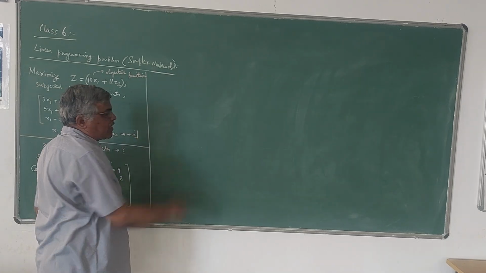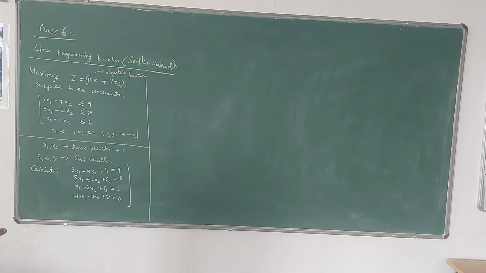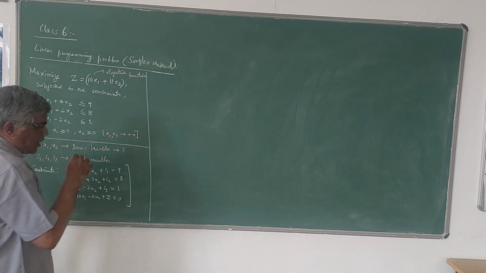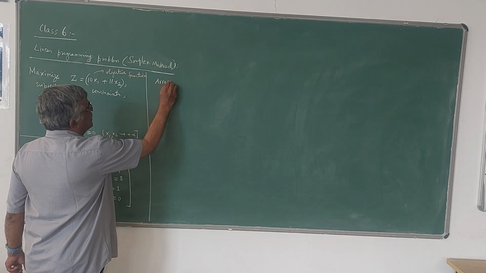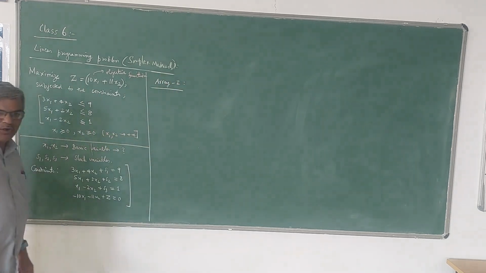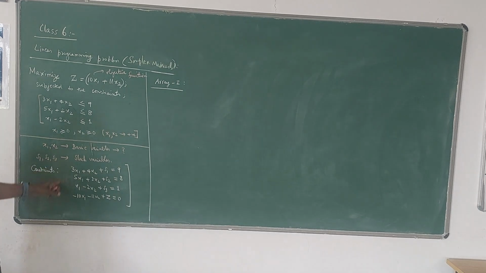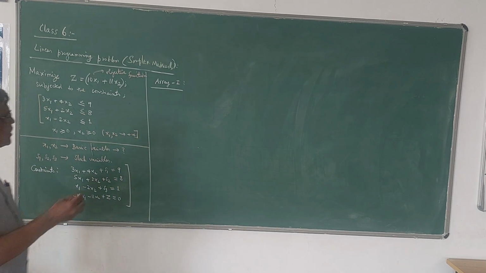As I already told in the last class, the simplex method is an iterative method, so I can write it as iteration 1, iteration 2, iteration 3 like that. The first iteration I am going to do by writing the coefficients. I will tell you how to write them.